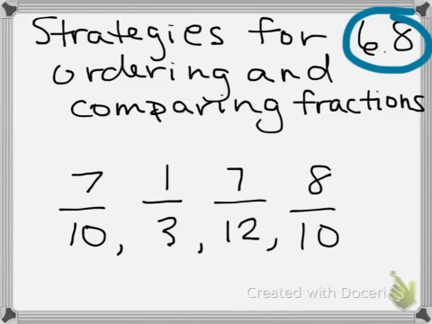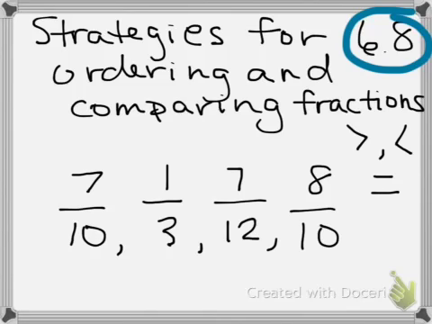So over the past few days, we've just been comparing two fractions and using inequalities like greater than or less than and even the equal sign to show how different fractions relate to each other. Now we're actually given multiple fractions and have to order them, most of the time from least to greatest, but I am making them aware that I could mix it up and do greatest to least.